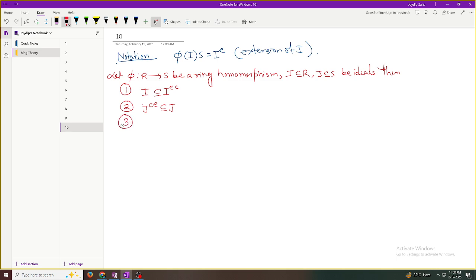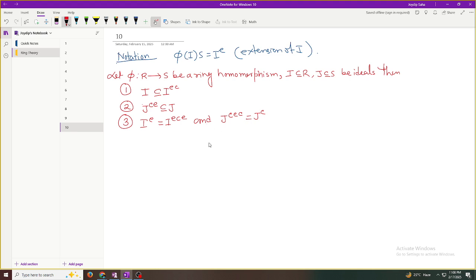Number 3, I extension equals I extension contraction extension, and J contraction extension contraction equals J contraction.